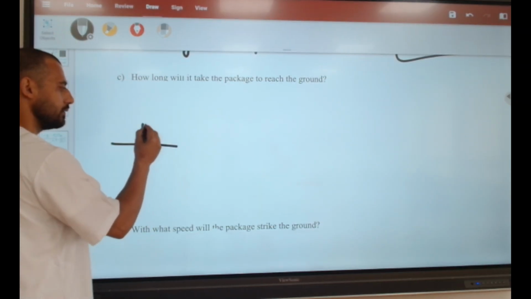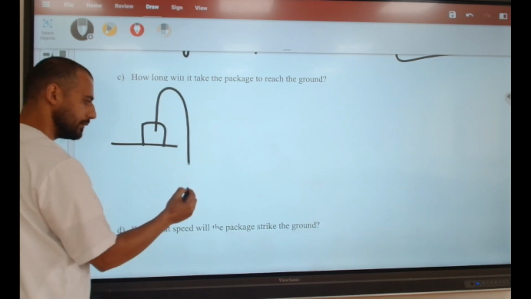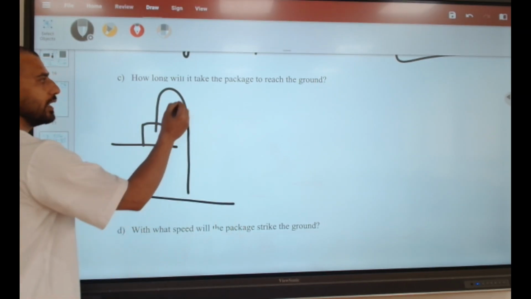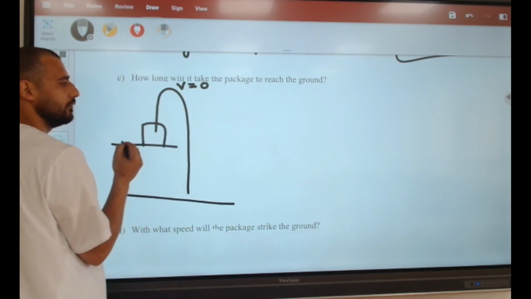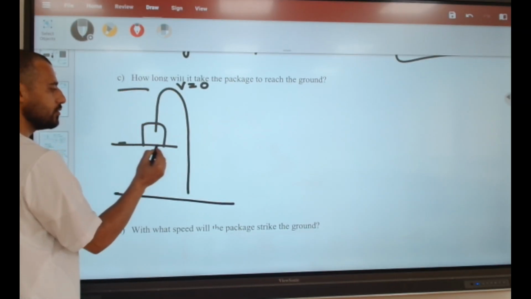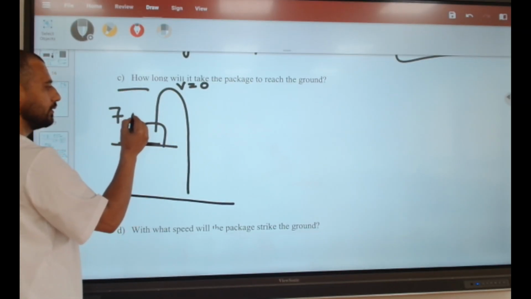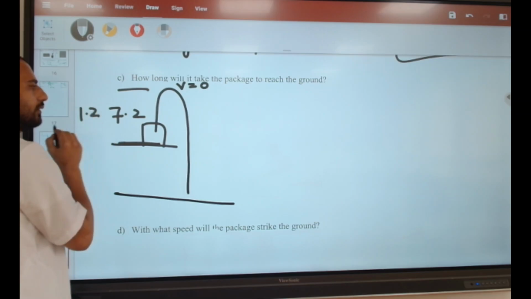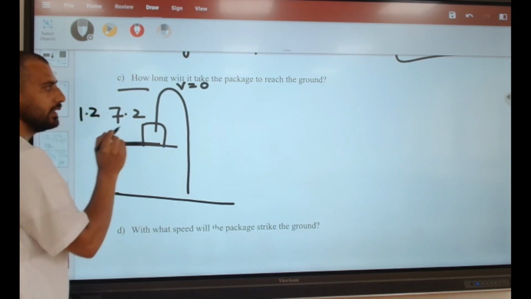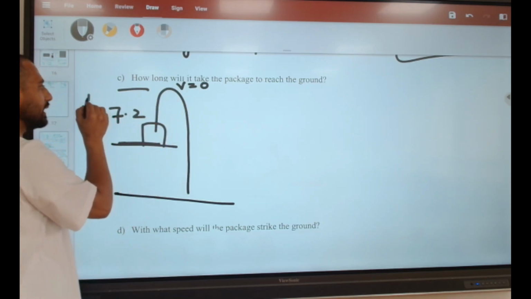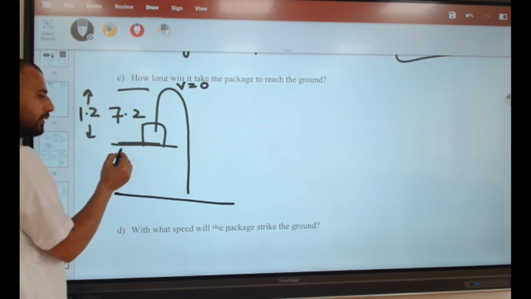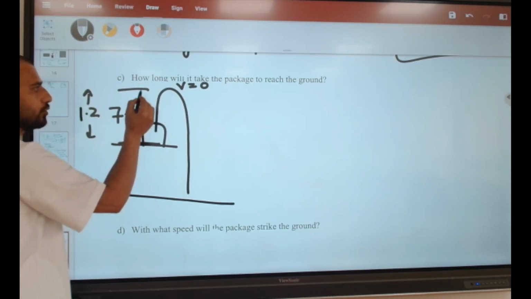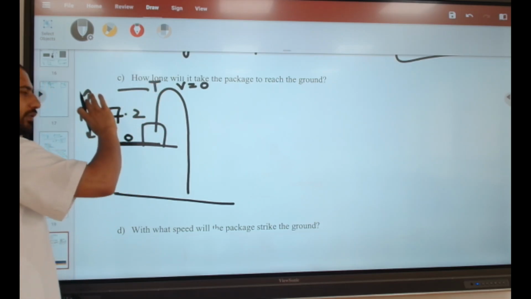See, this is the package. It is going up and then it is coming down. So at this point, what is the velocity? Very good. So this height is known. How much? 7.2. How much time did it take? 1.2. We know that the time taken to go from this point O to T is equal to 1.2 seconds.